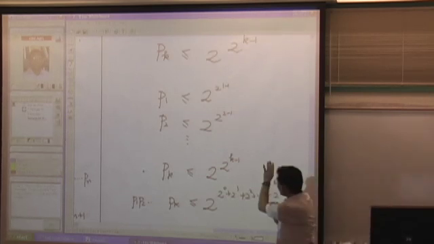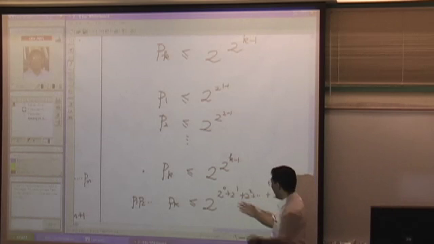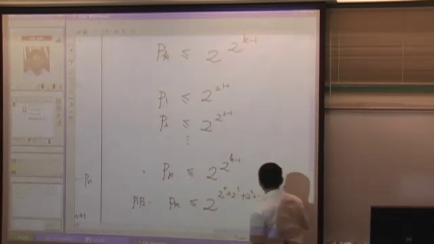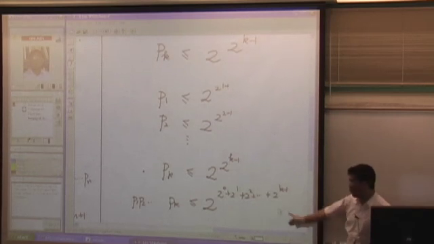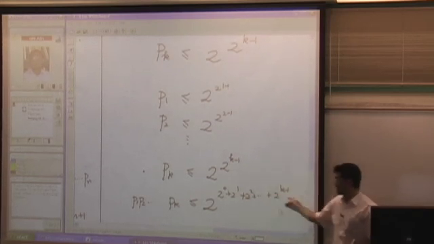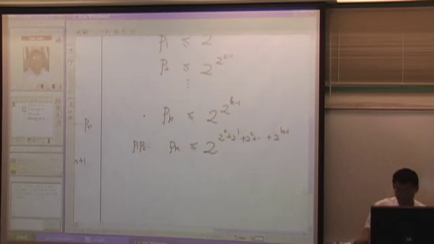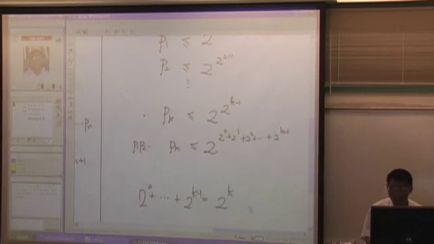Because we are multiplying these things, we add in the exponent, right? Then what is this sum? 1 added up to this thing is 2 to the power of 0 plus 2 to the power of 1 up to 2 to the power of k minus 1, which equals 2 to the power of k minus 1.